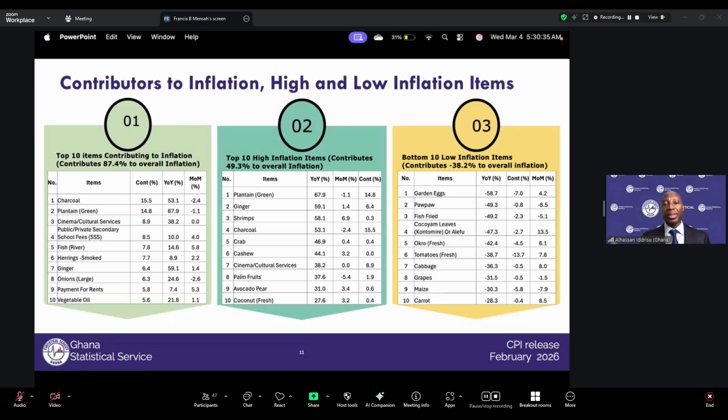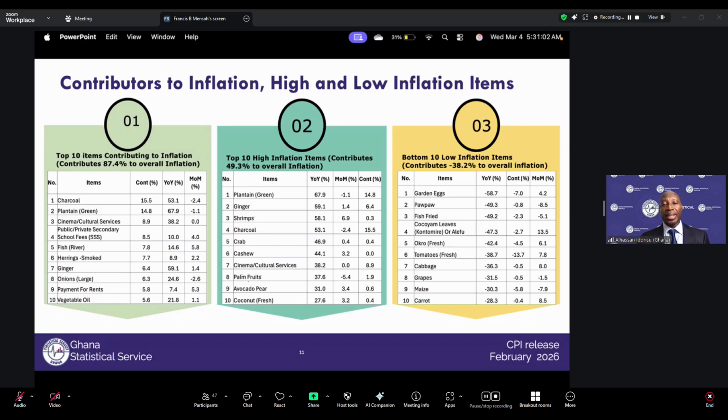Among the highest inflation items are key consumption goods and services within food and non-food items. And the top 5 are 1, green plantain. In fact, it recorded the highest inflation rate of 67.9% in February 2026, same as recorded in January 2026.